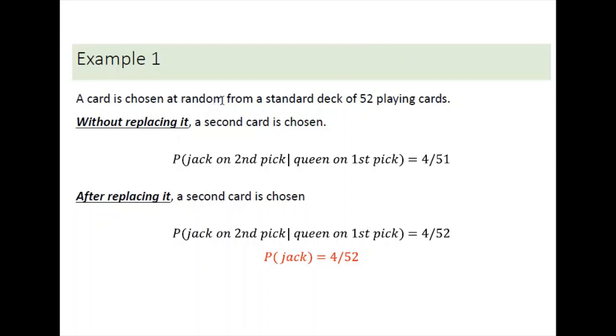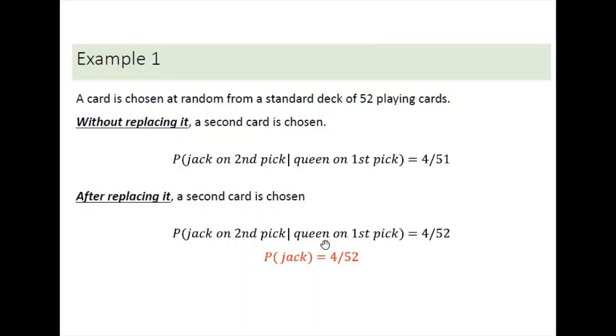But now look at this one. A card is chosen at random from a standard deck of 52 playing cards. After replacing it, a second card is chosen. Now, what is the probability of a jack on the second pick, given that a queen was on the first pick? So now it's sampling with replacement.